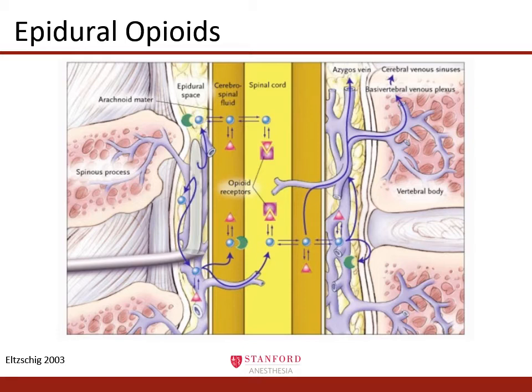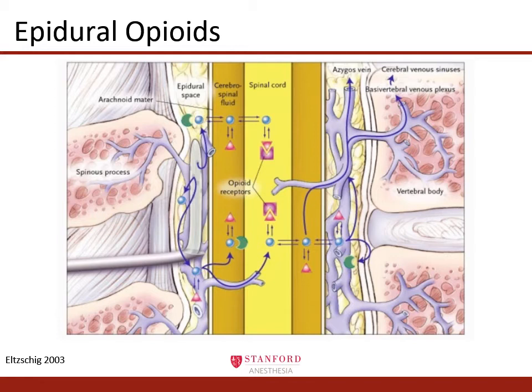However, dose-dependent side effects are common with epidural opioids, including nausea and vomiting, pruritus, and even respiratory depression. Opioids administered in the epidural space penetrate the dura and arachnoid membrane, reaching the CSF, where they will contact the dorsal horn of the spinal cord.